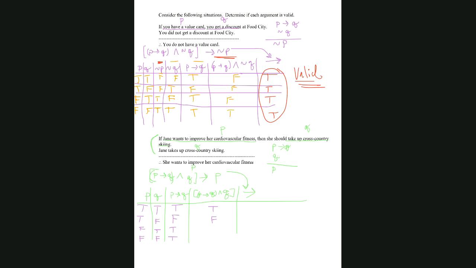True and true, that's true. And true and false, that's false. Remember, for and, they have to both be true in order for the statement to be true. Now what I need is the conditional. So what I'm saying is, if I have this statement, then that should lead to this statement.